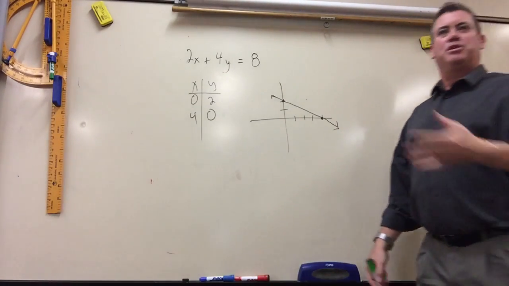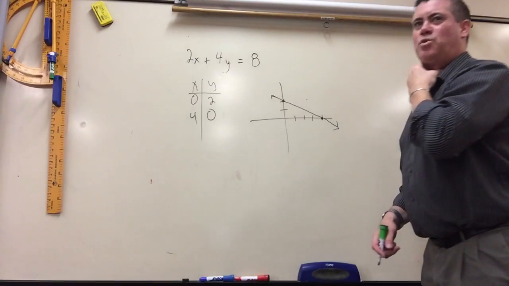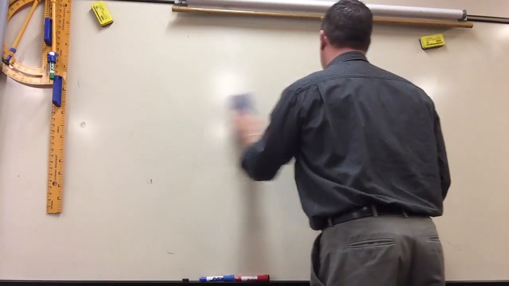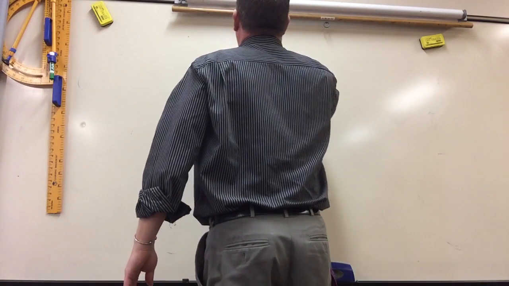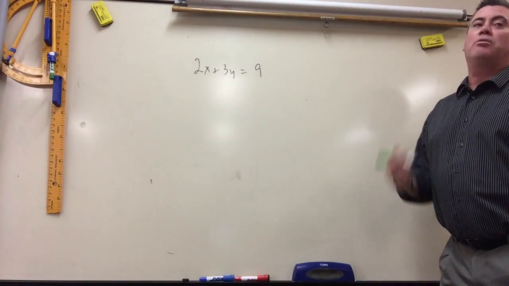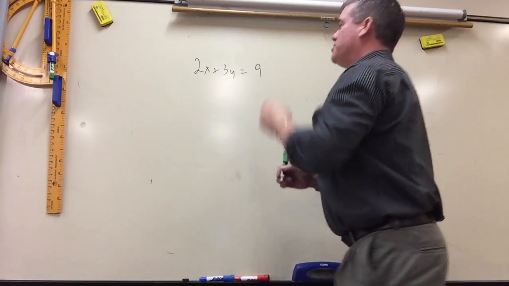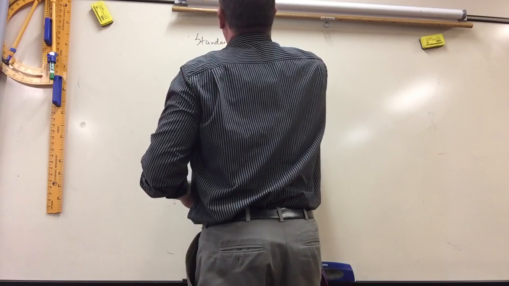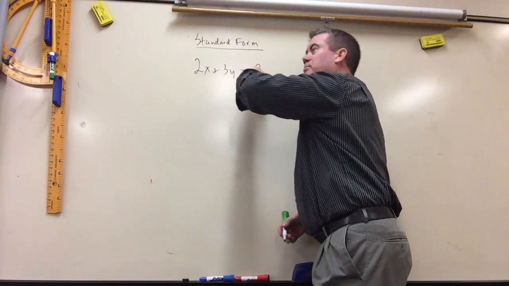So it's pretty simple to do it this way, as long as all these numbers are nice to work with. But if we had one like this, it's not as easy to figure out. So what we're doing today is you're going to have it written, this is called standard form. Standard form is the x and y's are on the same side.